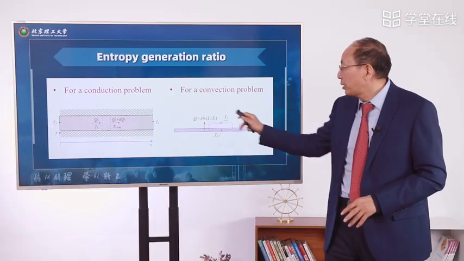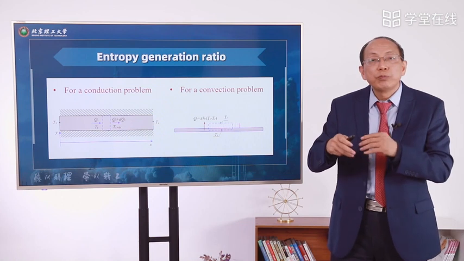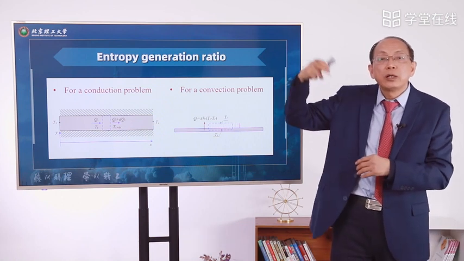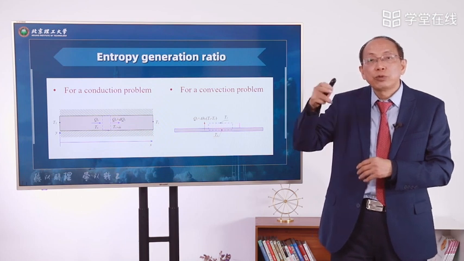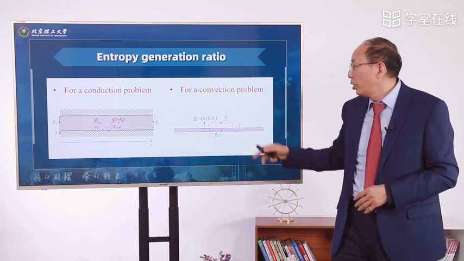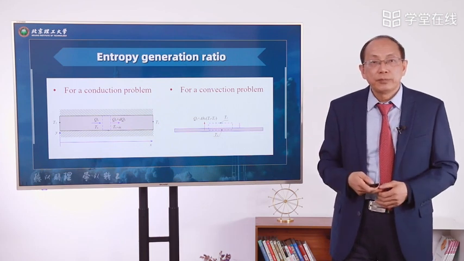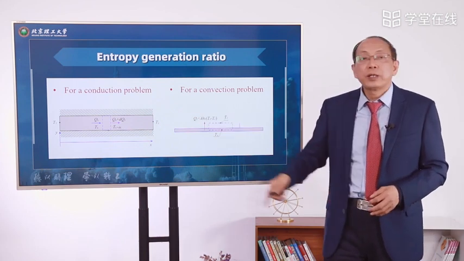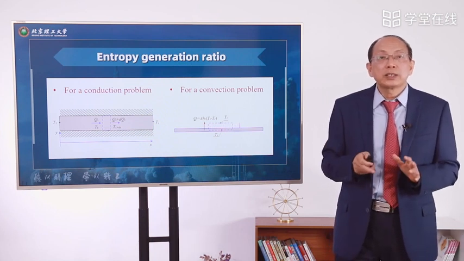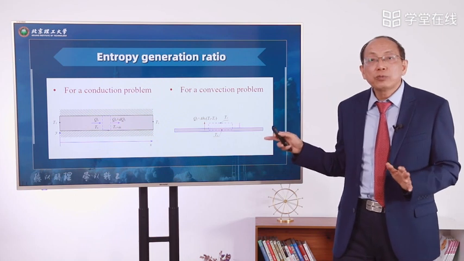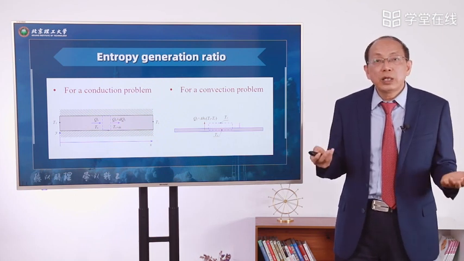The other picture is a plate with convection to the hot stream. So this picture means a convection problem, and the other picture is a conduction problem. Here we only discuss the conduction problem. The convection problem is similar and easy to understand.